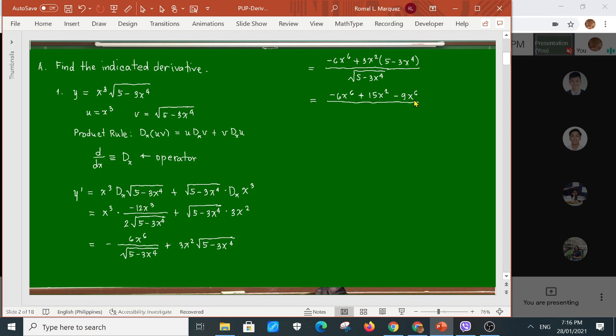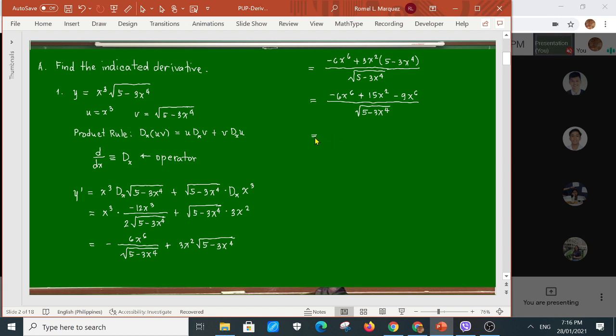Okay, so we now have square root of 5 minus 3x to the 4th. Now, what is the simplified form?